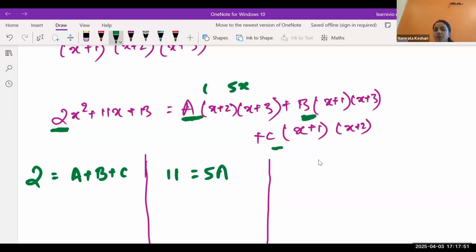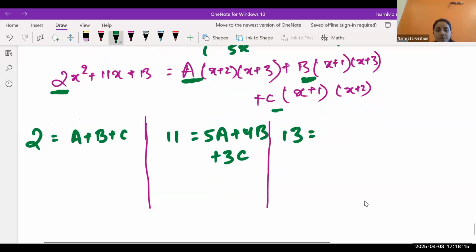From there we'll get 3x plus x, so 4x, so plus 4B, and from here 2x plus x, that means 3x, so plus 3C. And the constant term if we compare, again we will get an equation in A, B, C.